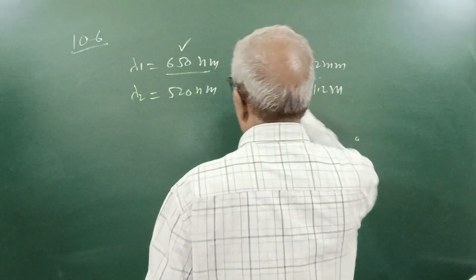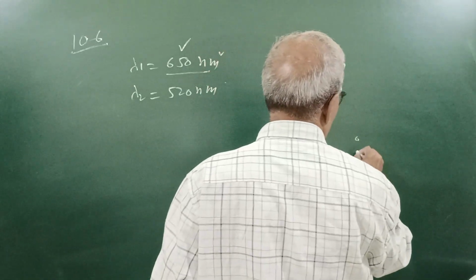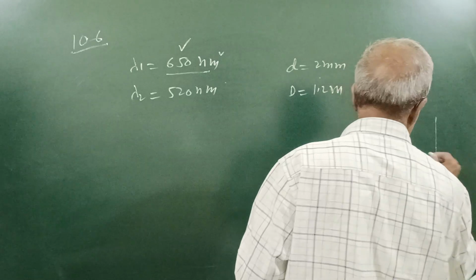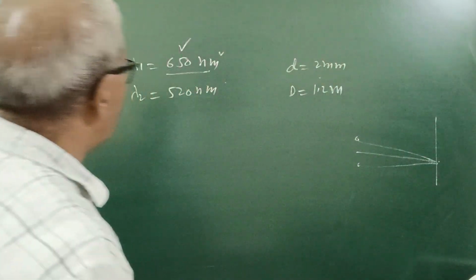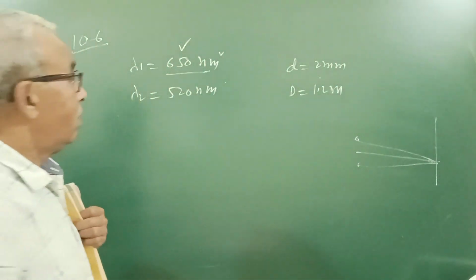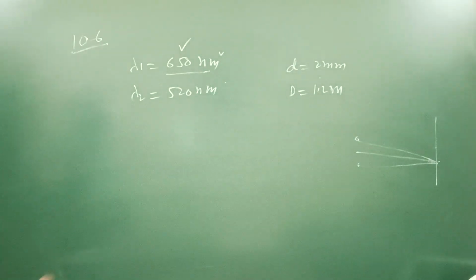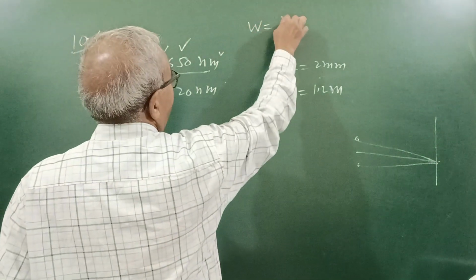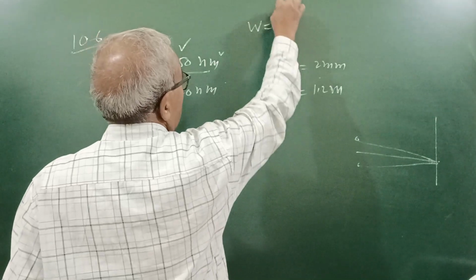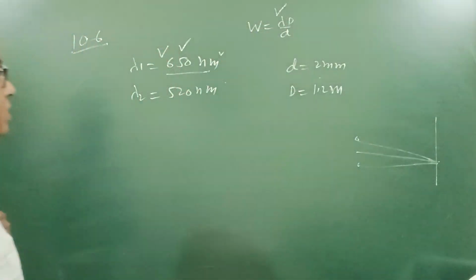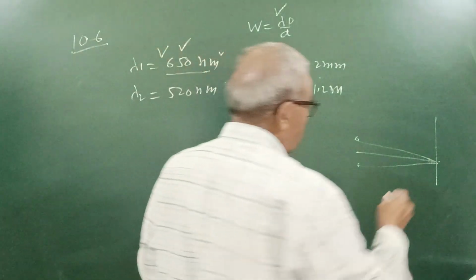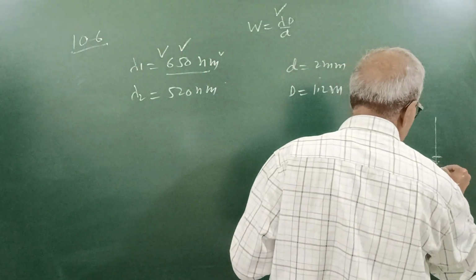So for both wavelengths, the central bright fringes will coincide here. But which wavelength will have the wider fringe? Fringe width W is equal to lambda D upon d. So the larger the lambda, the greater the width. So one has a greater width and the other is smaller.